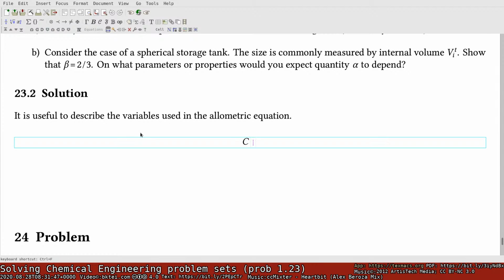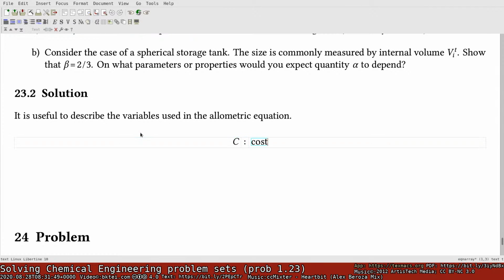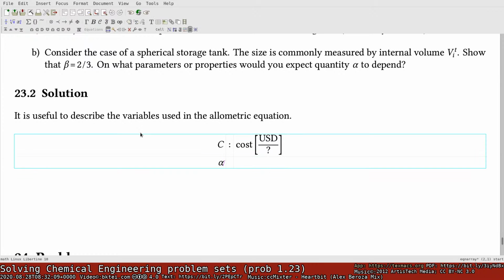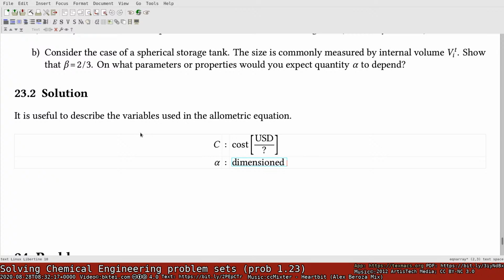We've got C, which is going to be cost, and let's put that in units of USD per, and actually, we're not quite sure what we're going to do about that. Alpha, which is some dimensioned sizing factor, or it's a proportionality constant for sure.